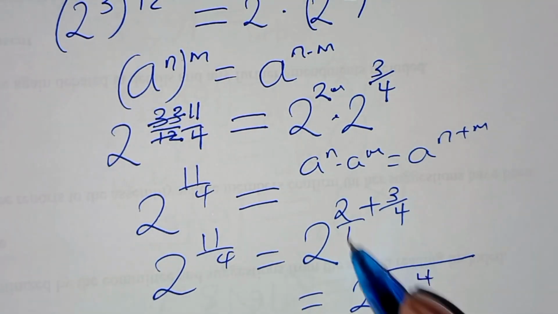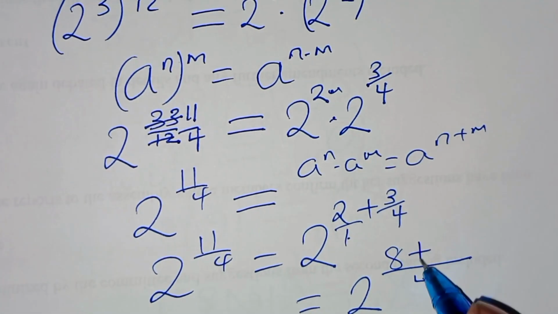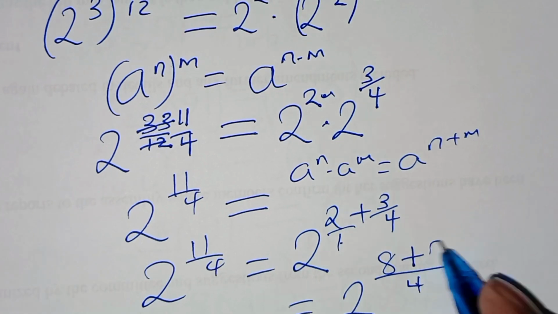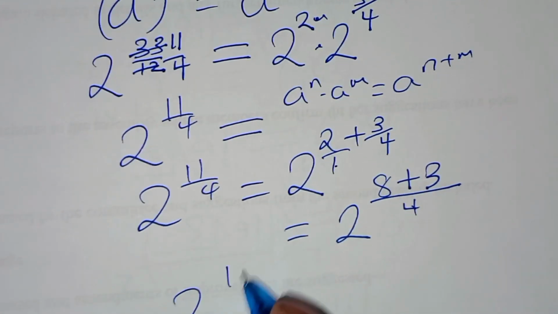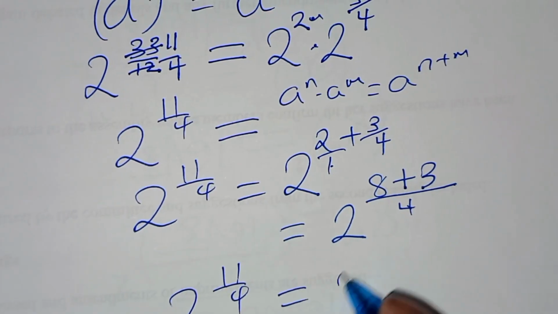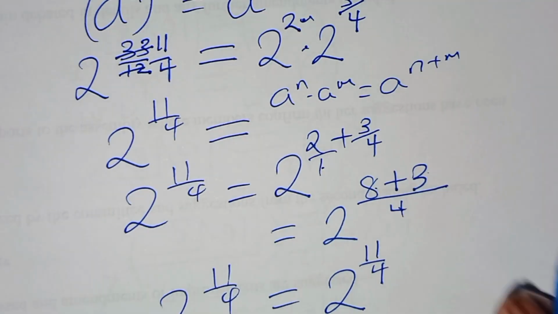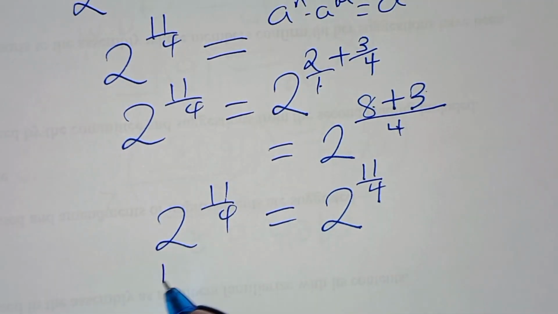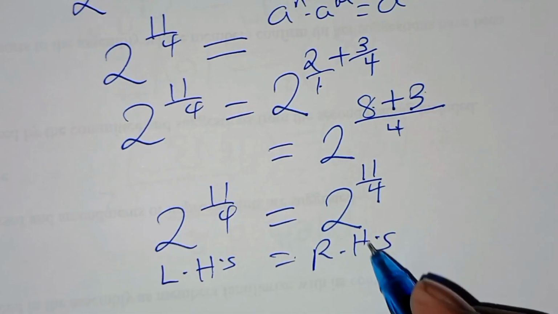So 4 divided by 1 is 4 times 2, this is 8, plus here we have 3, and therefore 2 to power 11 over 4 is equal to 2 to power 8 plus 3, which is 11, divided by 4. So clearly you can see that the left hand side is equal to the right hand side.